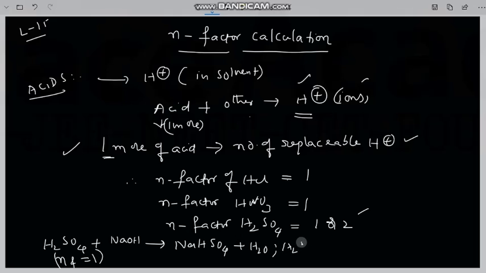Whereas if 1 mole of H2SO4 is taken with 2 moles of sodium hydroxide in a chemical reaction, then both the hydrogens present in the sulfuric acid are replaceable, and we can easily say the n factor of H2SO4 becomes 2. So depending on the extent of ionization, the extent of the reaction of the acid with other substances, this n factor will be decided.